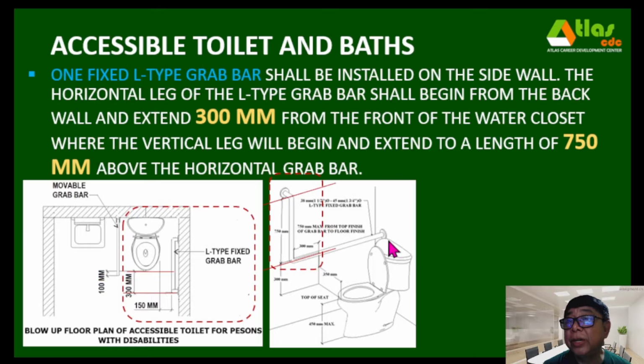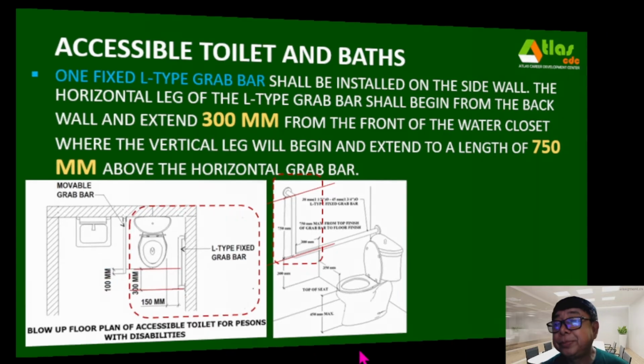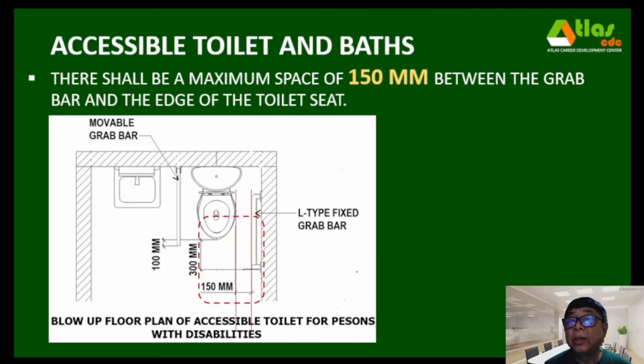So this is starting from the back of the wall, not from this one. There shall be a maximum space of 150 mm between the grab bar and the edge of the toilet seat. So this is the edge of the toilet seat. The clearance from the grab bar should be at maximum of 150 mm.